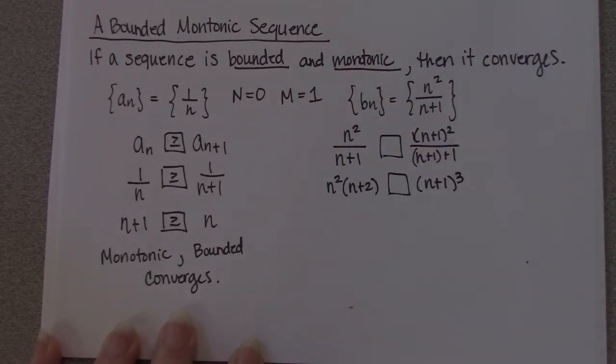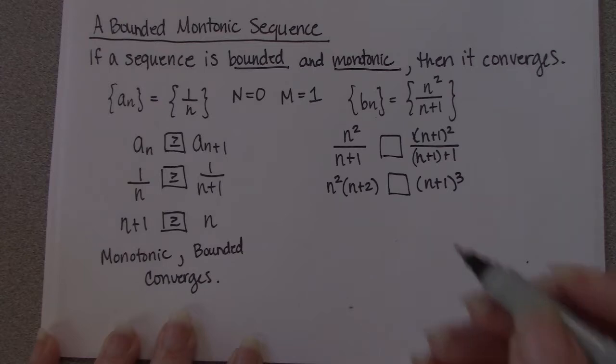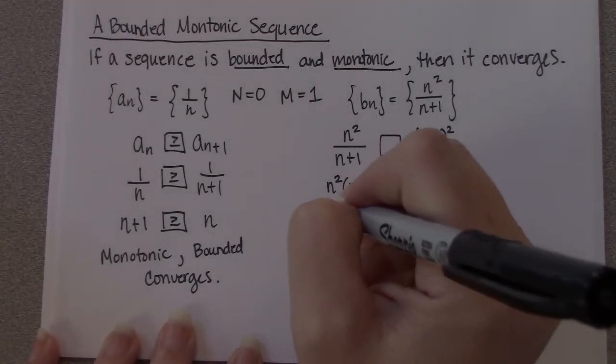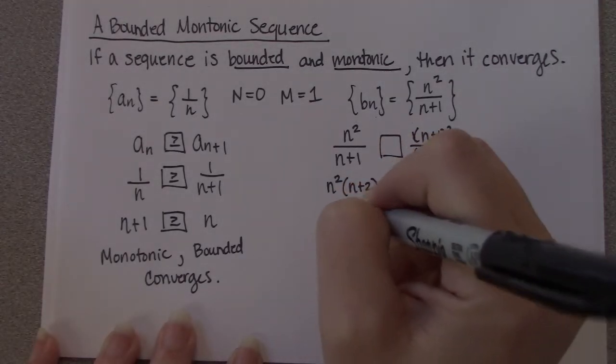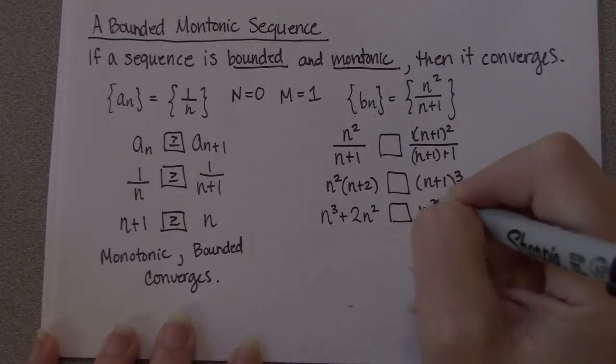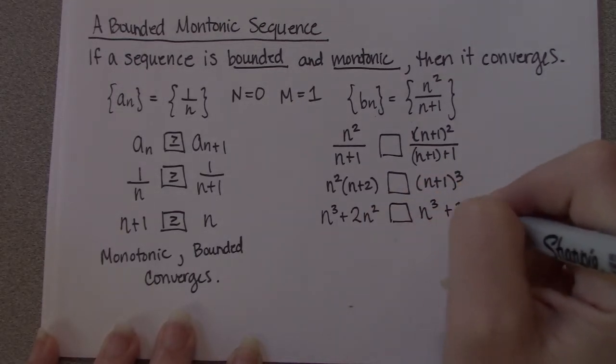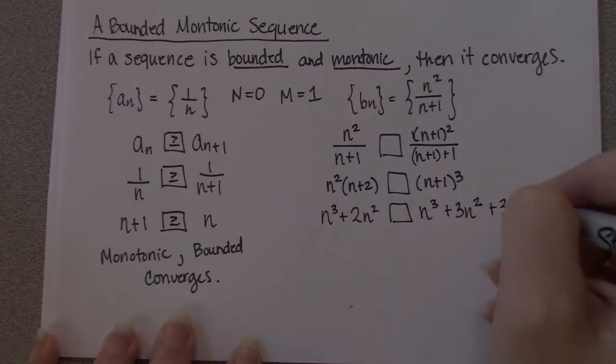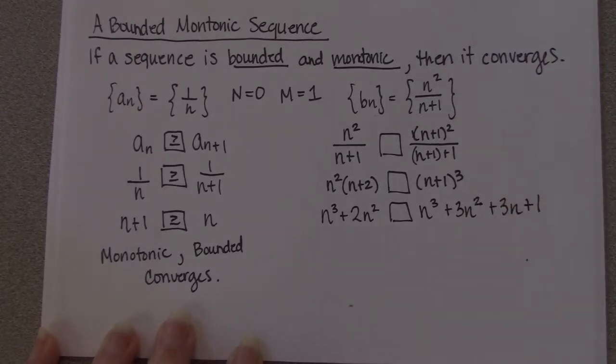Okay? So all I did was cross multiply. When I expand this out on the left, I get n cubed plus 2n squared. On the right, when you expand this out, we get this.